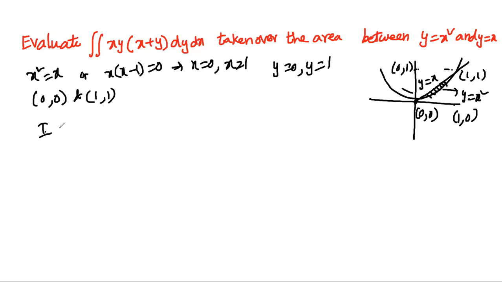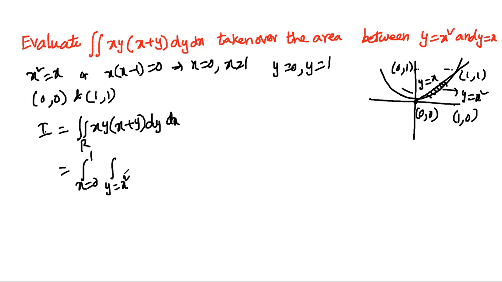Now I is equal to the double integral over r of xy of (x plus y) into dy dx, which means integral x is equal to 0 to 1, integral y is equal to x square to x. Now you can multiply: x square y plus xy square into dy dx.